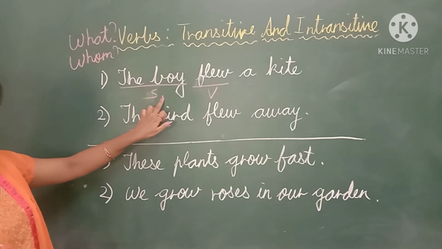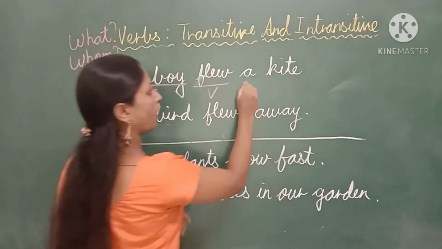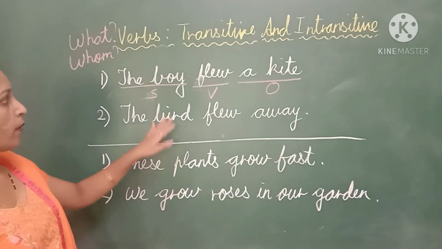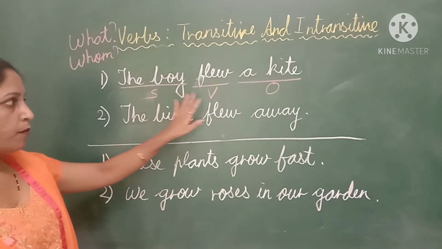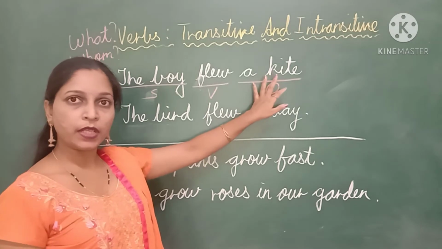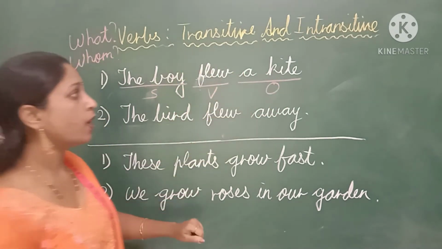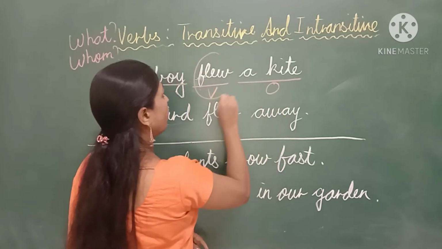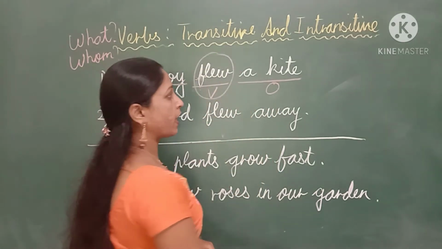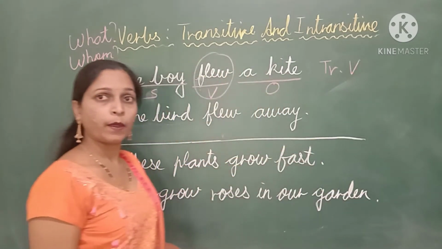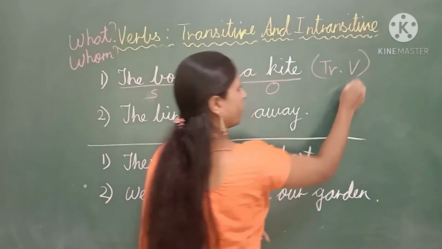What did the boy fly? A kite. We are getting the answer, so we have got the object. We have got all three, subject, verb and object, to make a meaningful sentence. So the verb flew becomes a transitive verb.